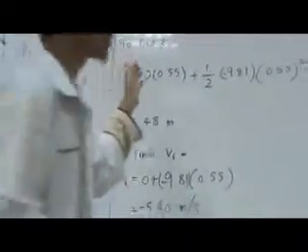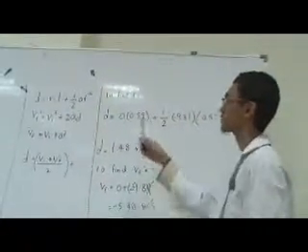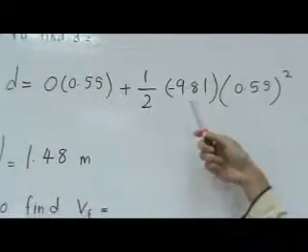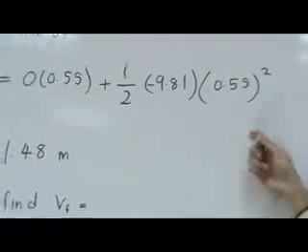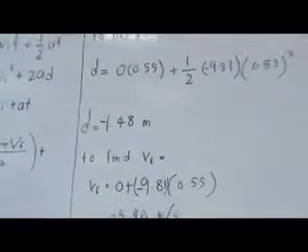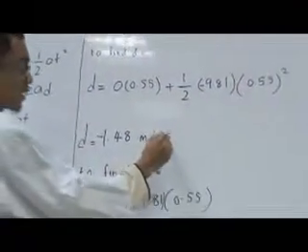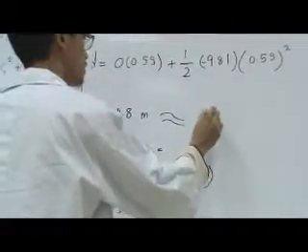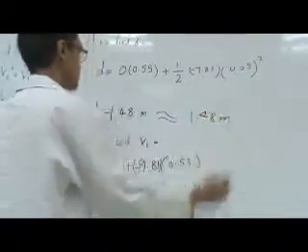Now we can put them in this equation: Vi times T plus half A T squared, and we get negative 1.48 meters. Since distance is a scalar quantity, we just say it is 1.48 meters.